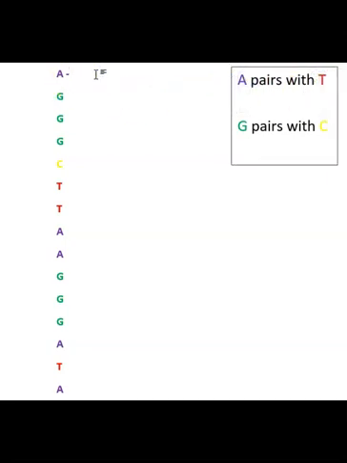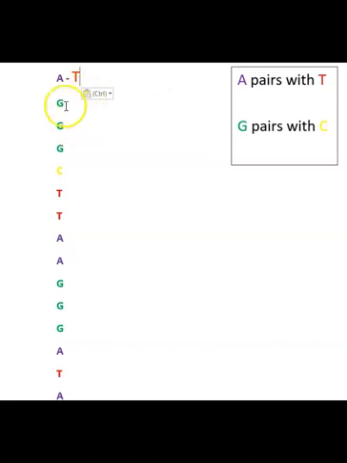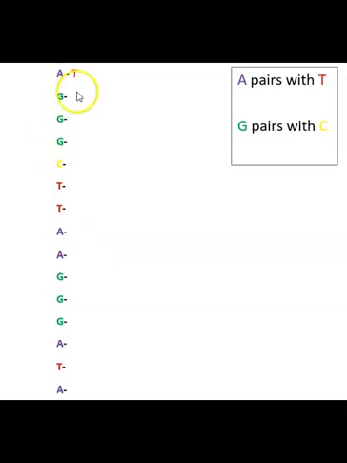So right here, this A is going to go with T. Similarly, anywhere I see a T, it's going to go with A. I'm just going to go ahead and pair all the T's with A's so I only have to do it once, and same with the A's and the T's. Make my life a little easier here. Now, everywhere you see a G, you're going to pair that with a C.